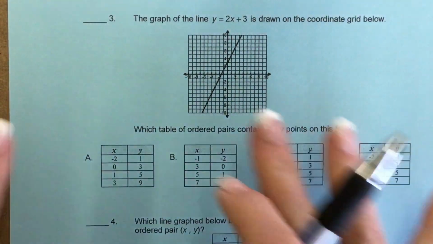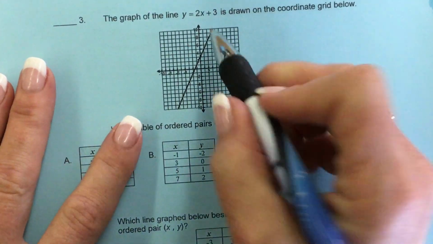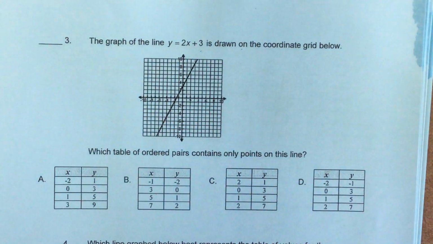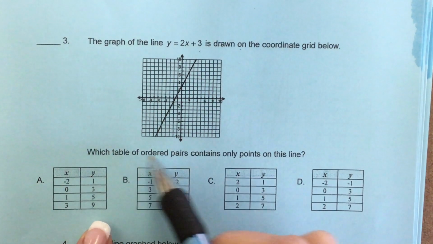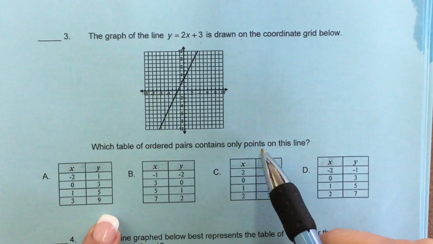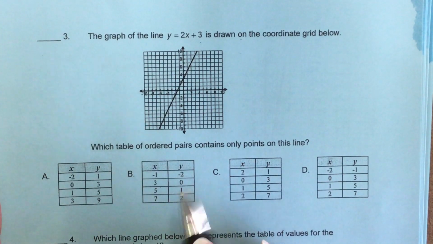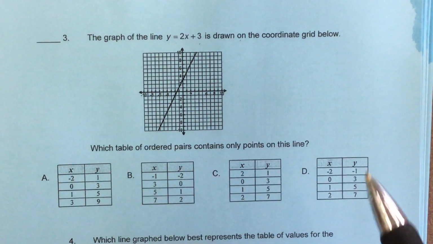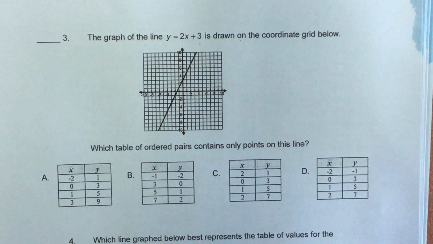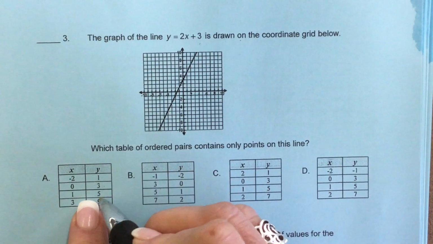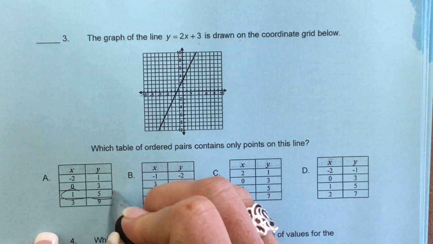Number 3. Okay. So we have a graph of the line y equals 2x plus 3, and it's drawn on the coordinate plane below. Okay. And they want to know which table of ordered pairs contains only points on this line. This one's simple, right? All you have to do is plug in a value. Let's say 1 and 5.